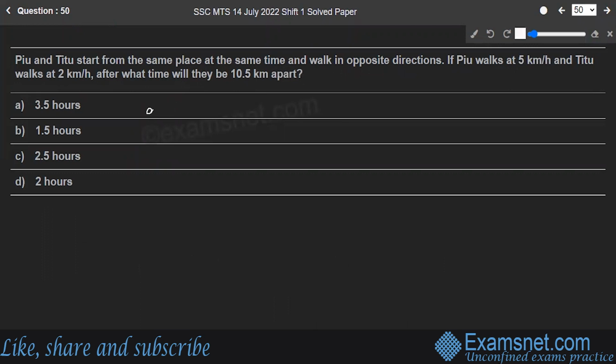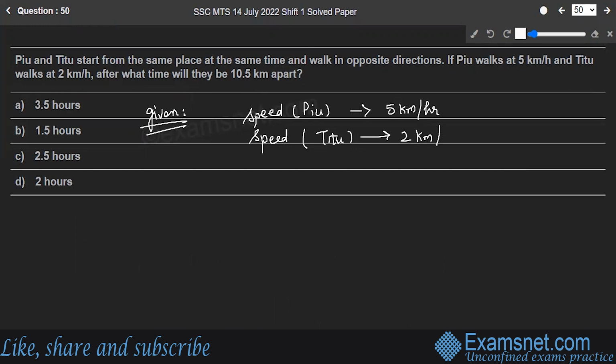First thing, we are given speed of P, it's 5 kilometers per hour. Also speed of Q is 2 kilometers per hour, right?